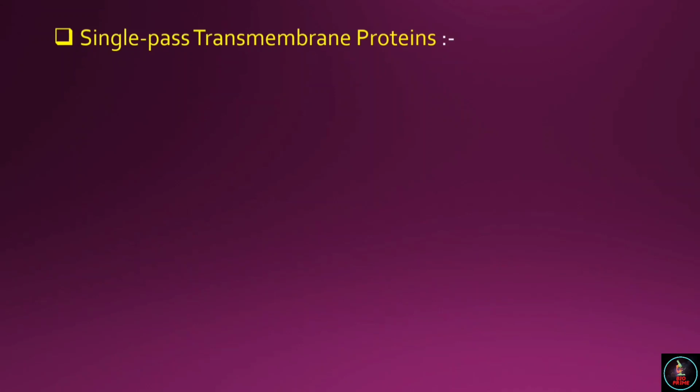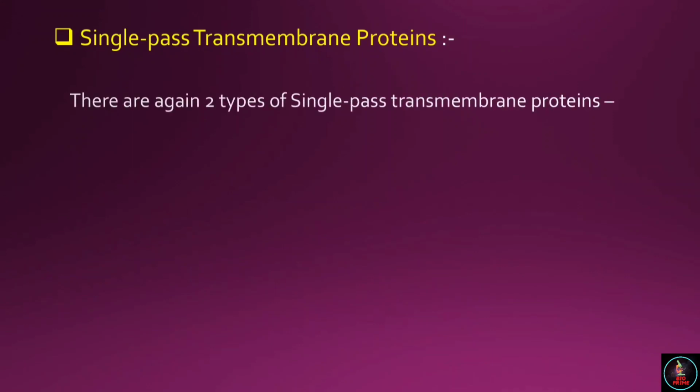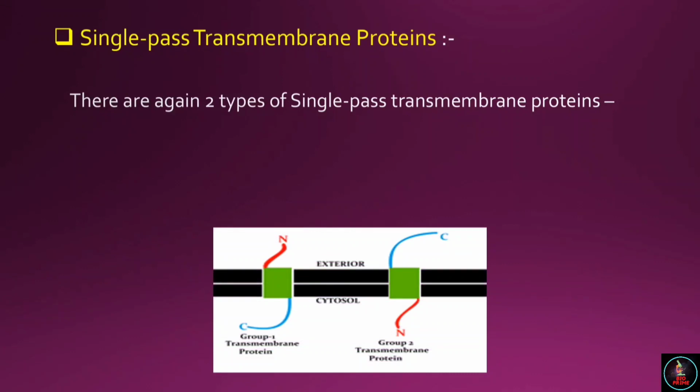This is the single pass transmembrane protein. Generally there are two types. They are alpha helix proteins that cross the membrane only once, that is, they are bitopic proteins.